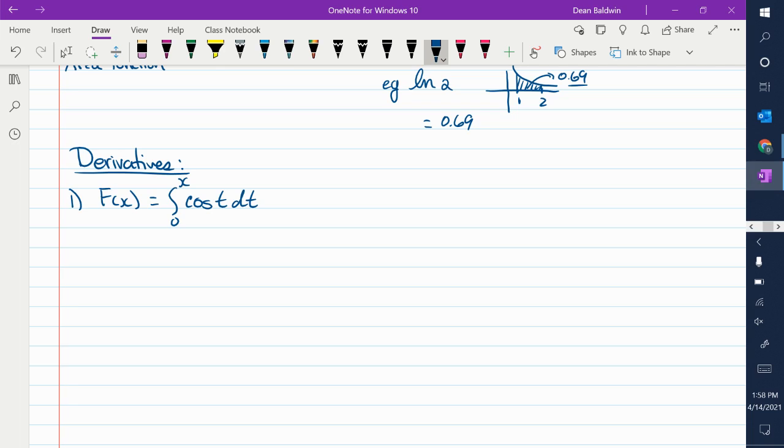Sine x? If I just ask for the antiderivative of cosine, it's sine, right? And since it's a definite integral, we would evaluate it from 0 to x.